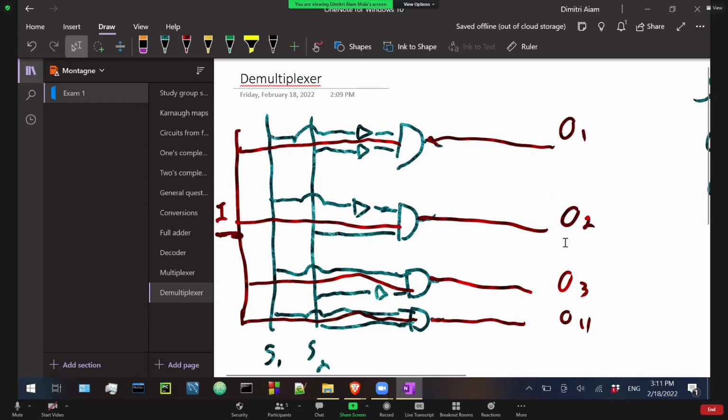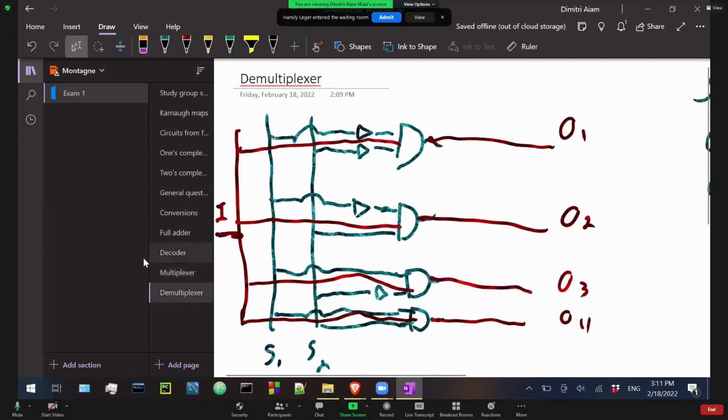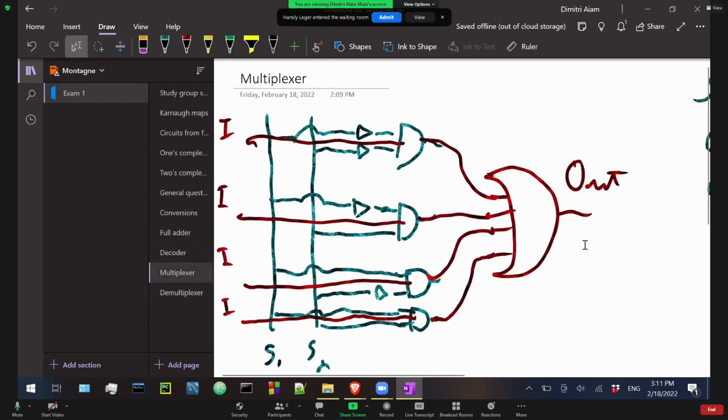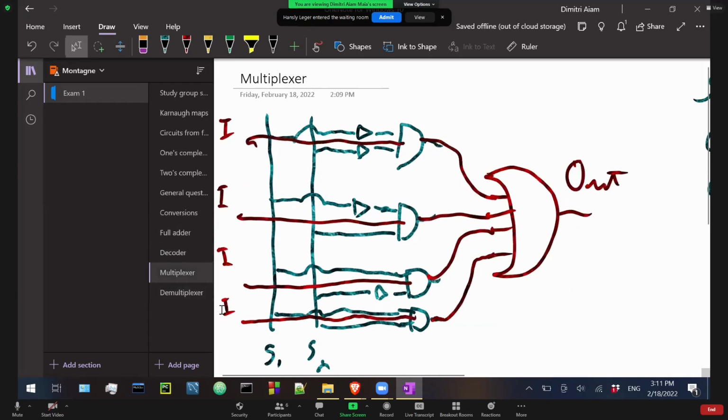You can connect all these over here and make this one whole thing. Or the reverse: the red line going there would be coming out of the multiplexer, or you connect this output over here, and then you have these two connected together.